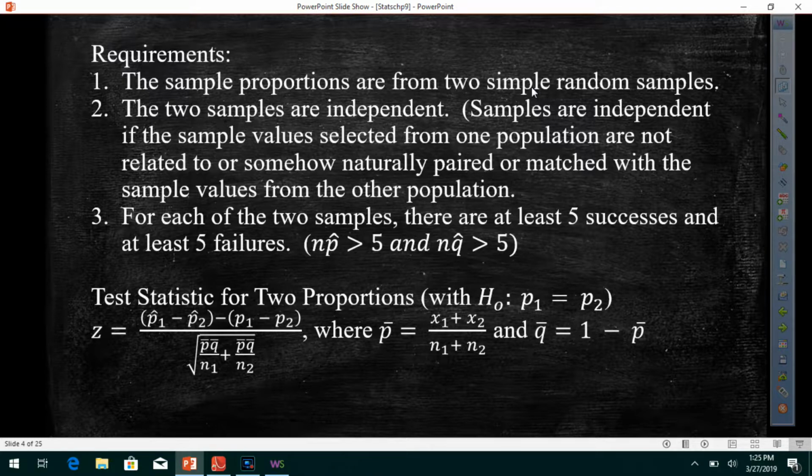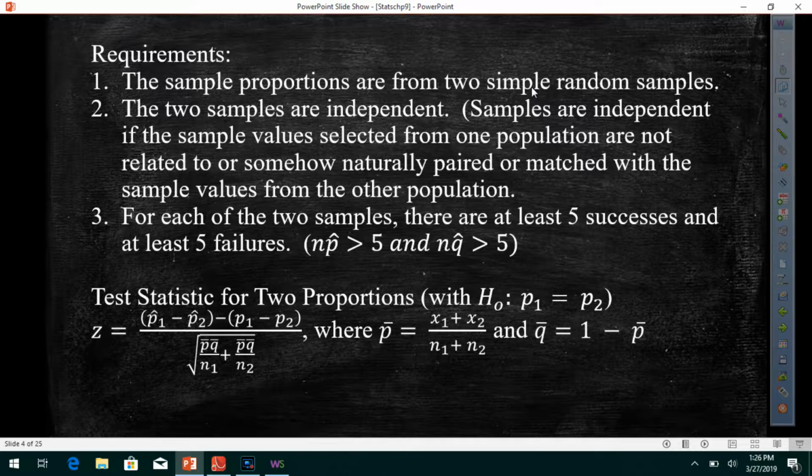The test statistic for two proportions with the null hypothesis P sub 1 equals P sub 2, we use Z equals P hat sub 1 minus P hat sub 2 minus P sub 1 minus P sub 2, but if you're using the equals, then that would be 0, divided by the square root of P bar times Q bar divided by N sub 1 plus P bar times Q bar divided by N sub 2.